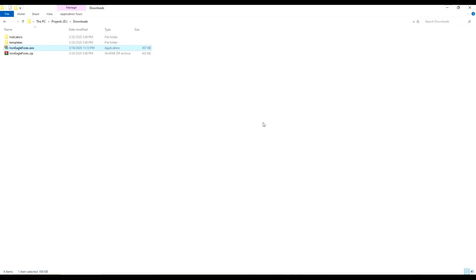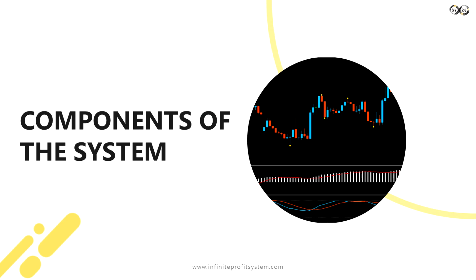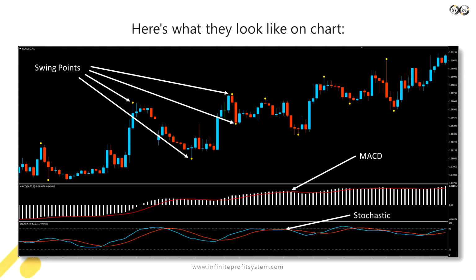Let's now move on to the components of the system. The Iron Eagle Forex system consists of the following indicators: a swing points indicator, a MACD, and a stochastic oscillator. Here's what they will look like on your chart. You can see the swing points, the MACD, and the stochastic, and we'll go through these one by one in a moment.